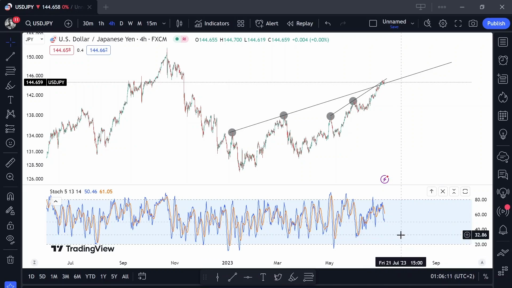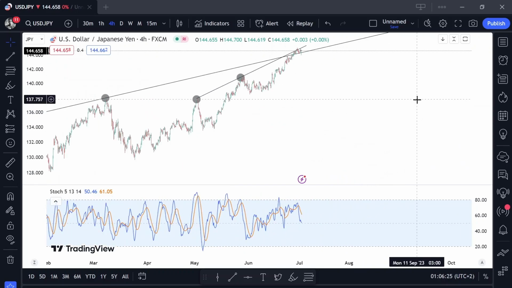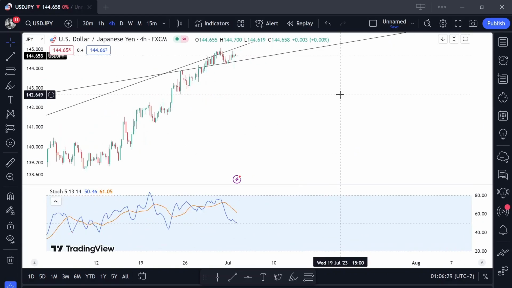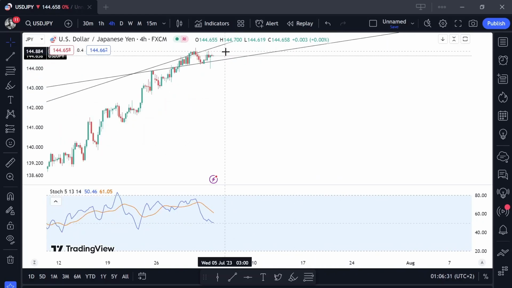Okay, so let's say for example, in my trades I'm using H4. Whenever I'm checking my chart after every 4 hours to see candlesticks, if I'm trading using H4, I would enter my trade here on 144.844.